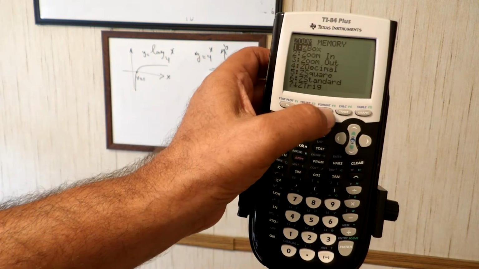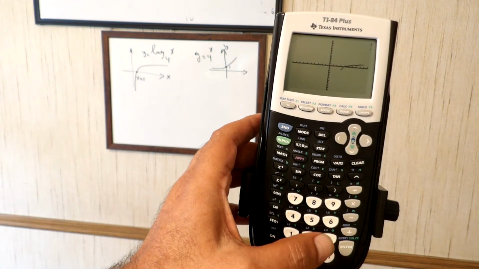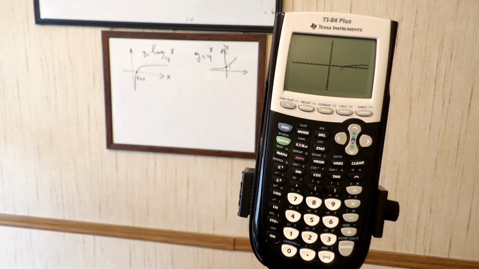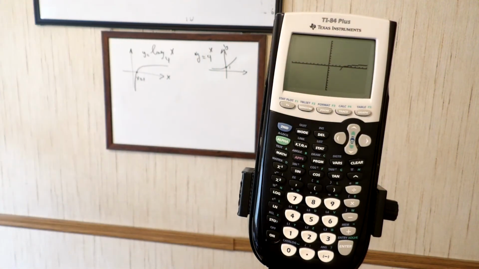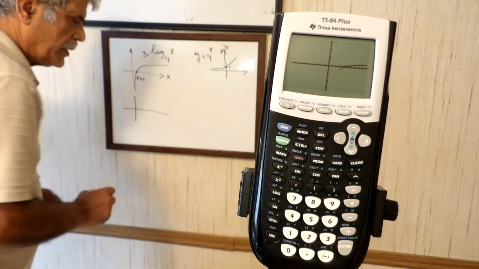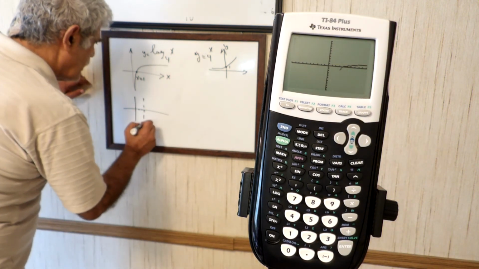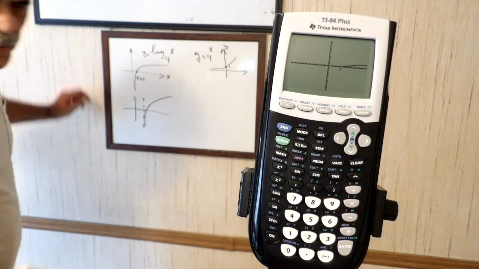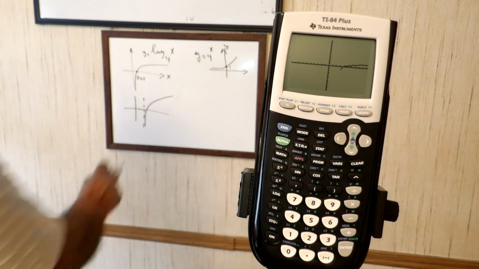We say zoom 6. It started from here. At x is equal to 3, there is going to be a vertical asymptote. x is equal to 1, 2, 3. It's going to be like this.